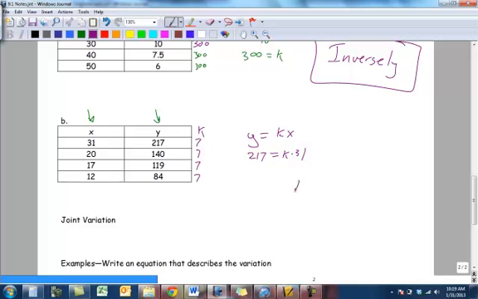So this does in fact vary directly. Again, what would make it neither? If this was 7, this was 8, this was 9, and this was 7 again, right? As long as one of the k's turns out to be not k, then that would be neither. But in this case, they're all 7, so it's directly.